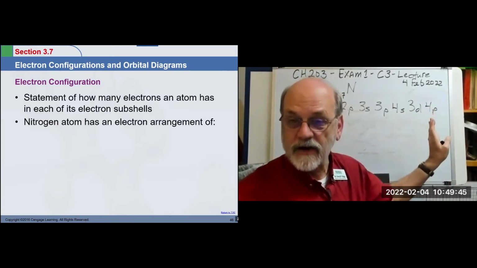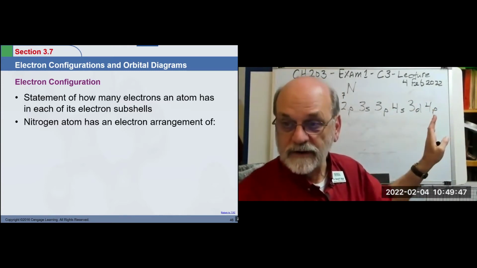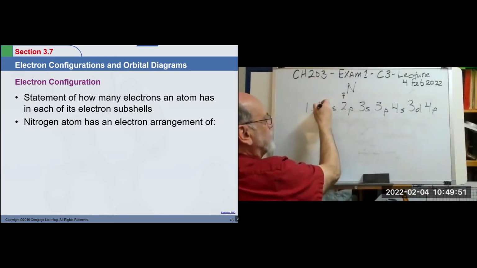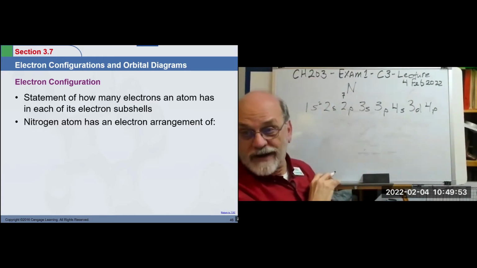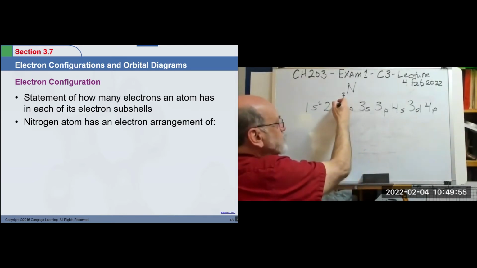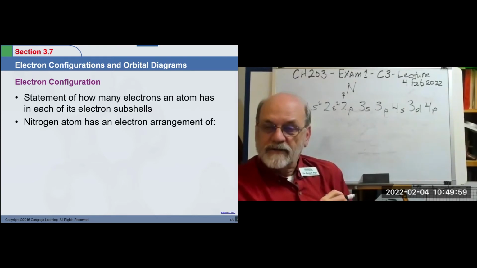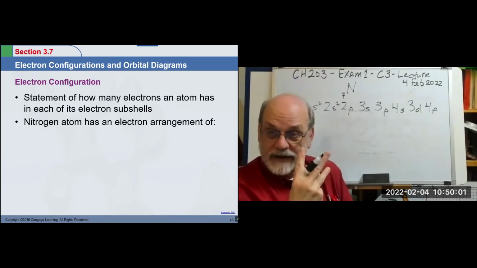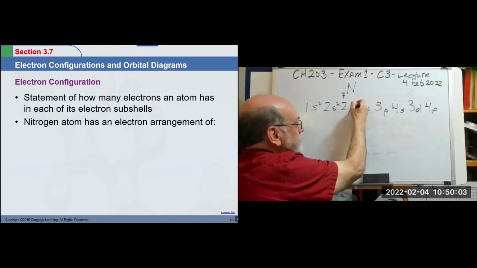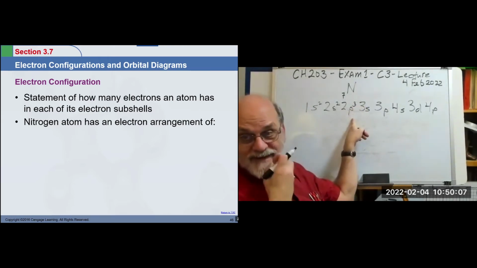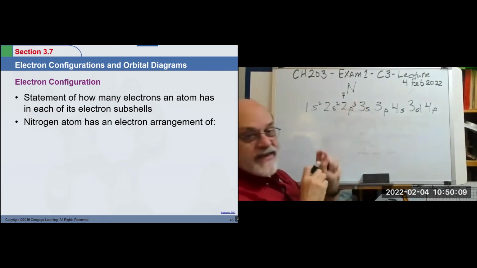And then if necessary, we use Hund's rule. So nitrogen has 7. We used up 2 of them already. Use up 2 more. We've used up 4 so far. So how many we got left? 3 electrons. They have to go here. You can't go here until these are filled. Okay. So there are 3 there.